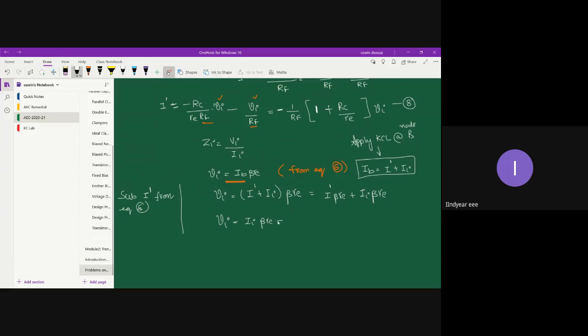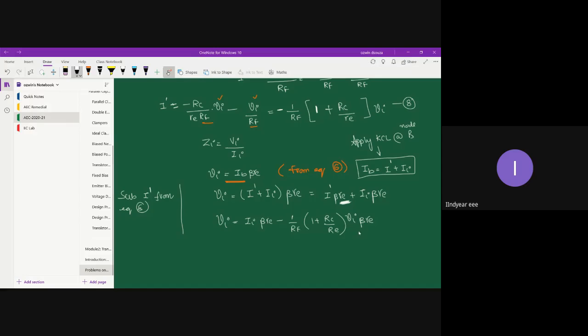Negative 1 by Rf into 1 plus Rc by Re into Vi, into beta re. This beta re is the term which is associated with I dash. So the Vi into beta re.